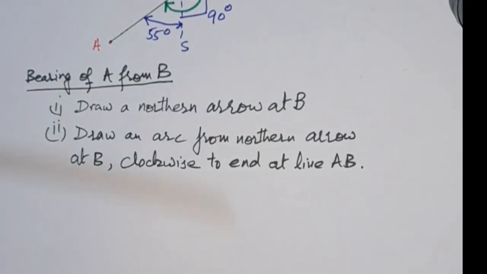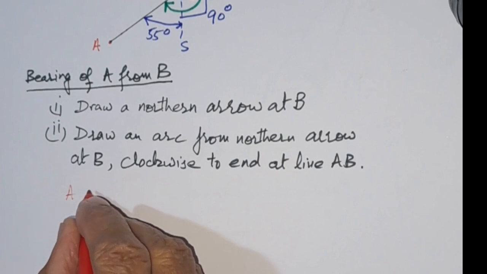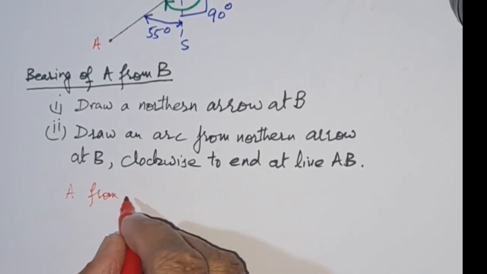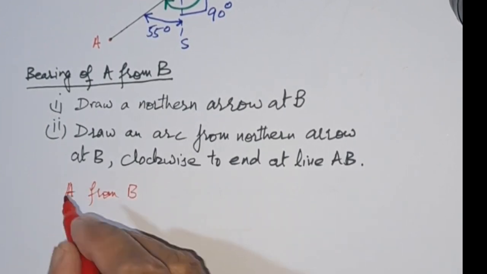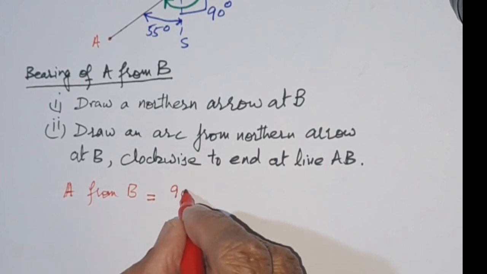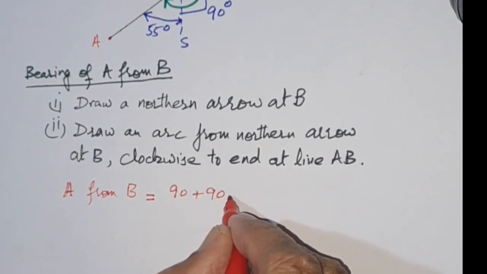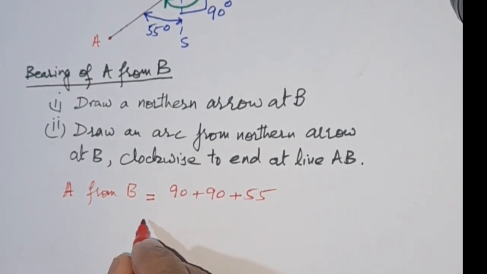Then the bearing of A from B will be equal to 90 plus 90 plus 55, which is equal to.